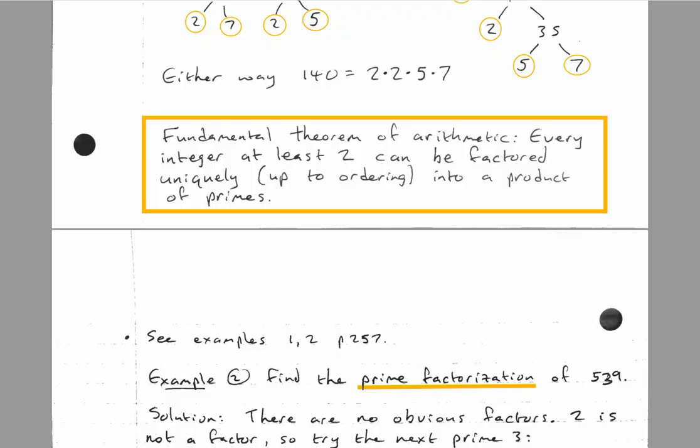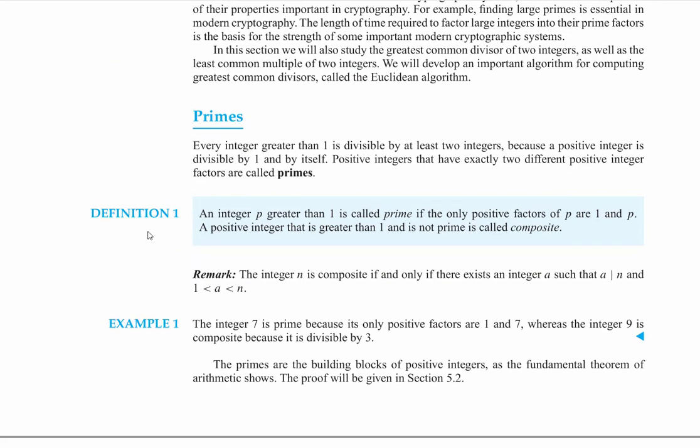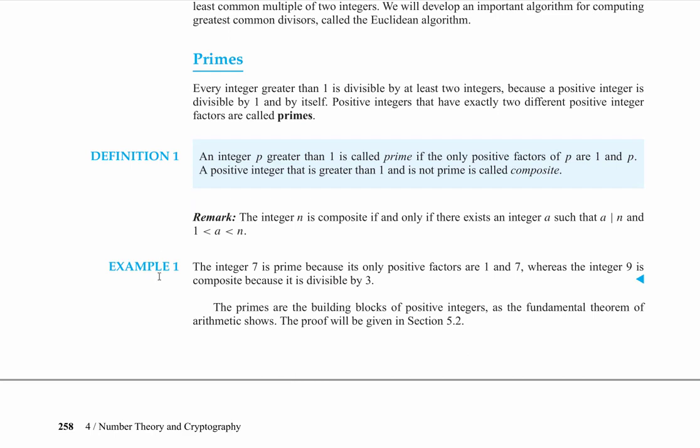Let's see some more examples. Example 1 here, the integer 7 is prime because its only factors are 1 and 7. 9 is composite because it's divisible by 3.